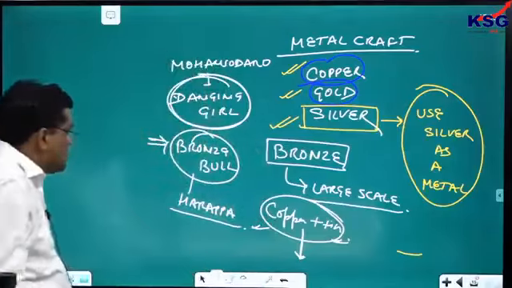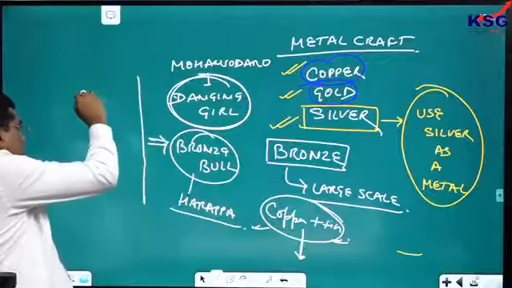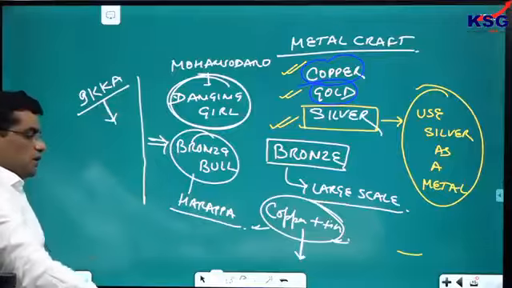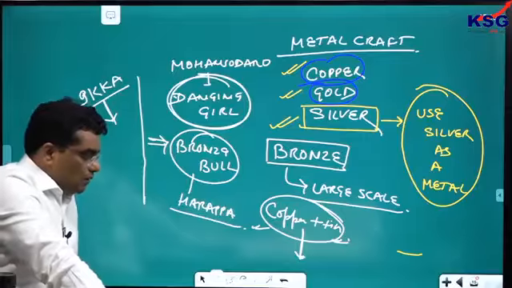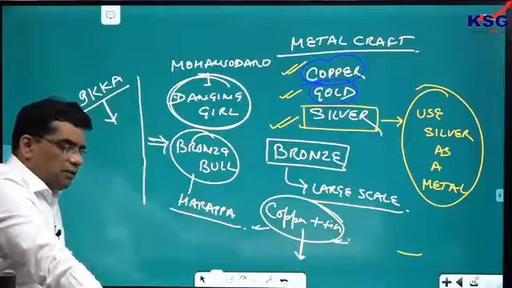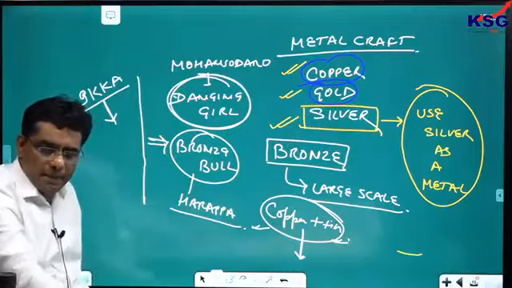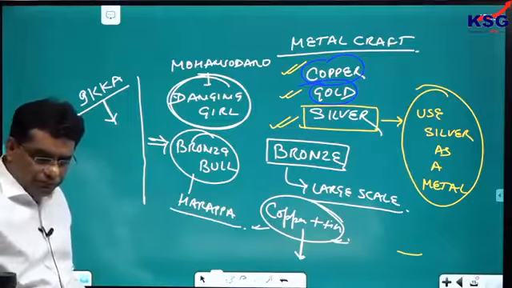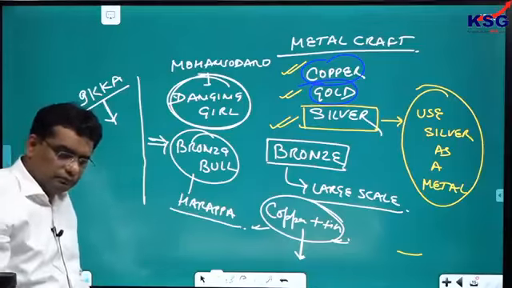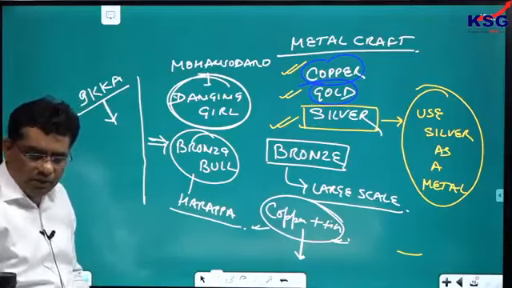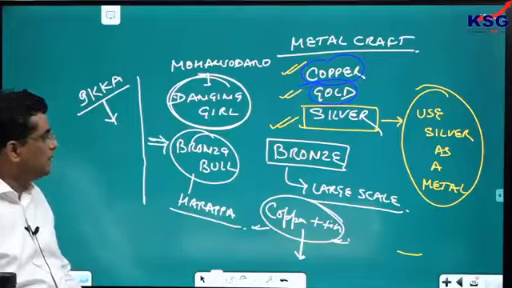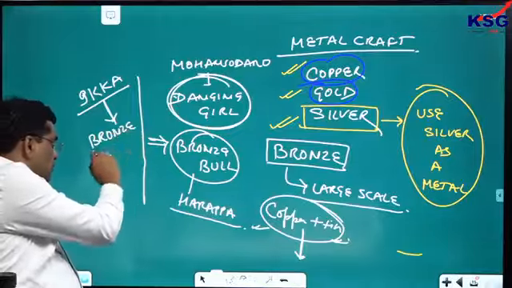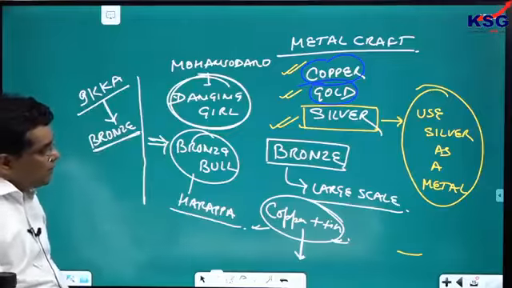So a bronze ikka was also found. This is made up of bronze.